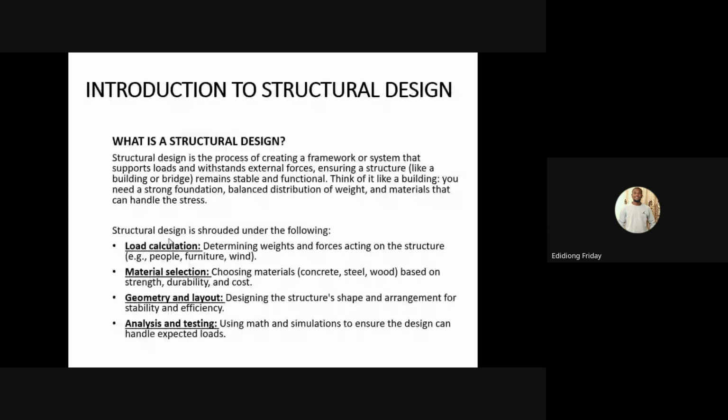Okay. So that's what I was saying, geometry and layout. As a structural engineer or a structural designer, once the architect gives you an architectural drawing, you have to generate what we call a general arrangement, a GA, showing where you want to place your columns, how you want to run your beams, and how you want to run your slabs and other structural elements.